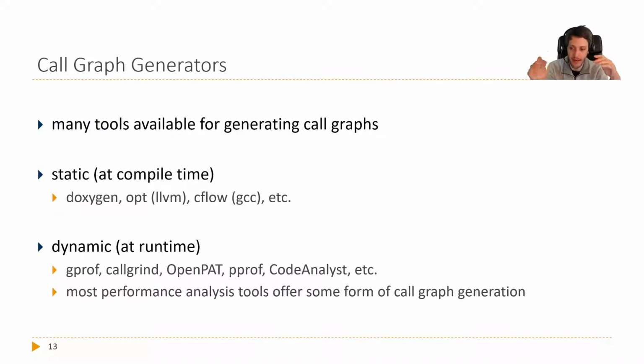For dynamic call graph generation, you have gprof or callgrind, for example. There's OpenSpeedShop, ppprof, CodeAnalyst, and so on. There are many more tools. I'm not listing all of them because there's a ton of them. And also, most importantly, most performance analysis tools that we're going to discuss in a few minutes also provide some form of call graph generation, because usually you need a call graph in order to realize where you are, how you got there, in what context you got there.